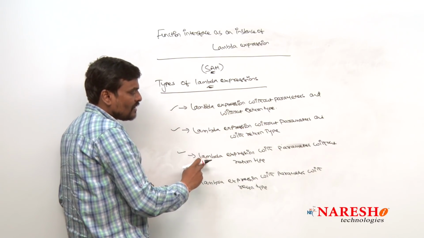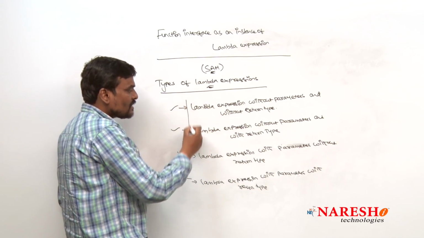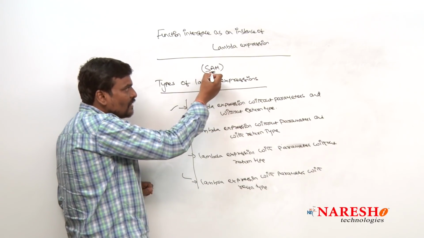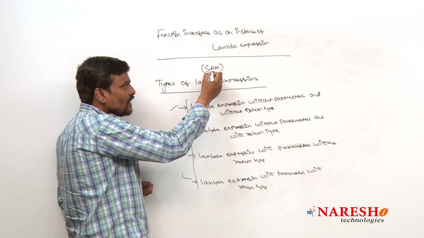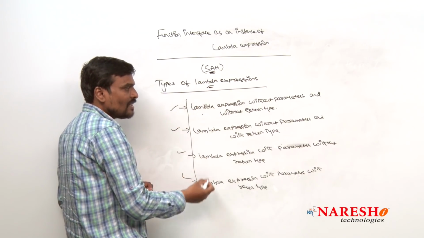And the same thing applies for the third type as well as the fourth type, because I said lambda expressions are the implementation of these methods, right? So whatever method signature is there in the functional interface, you implement the same thing with a lambda expression.